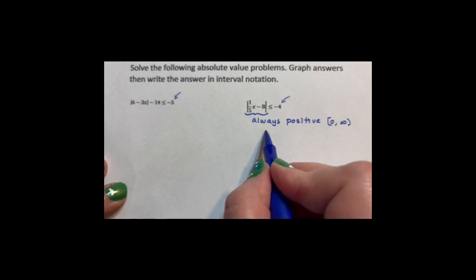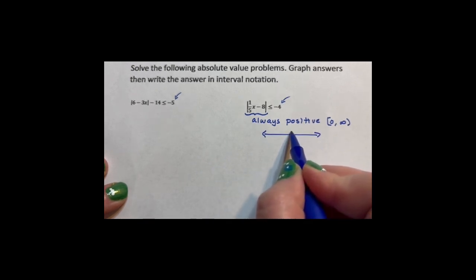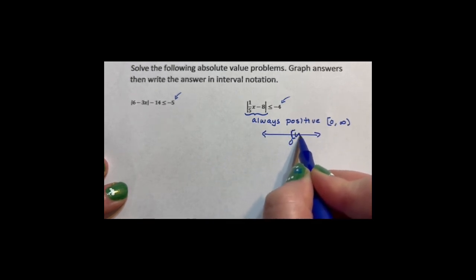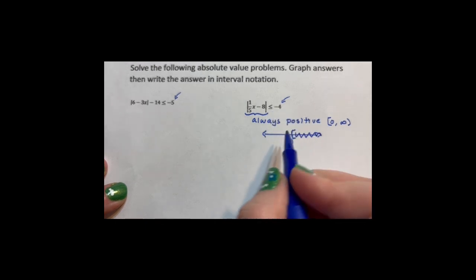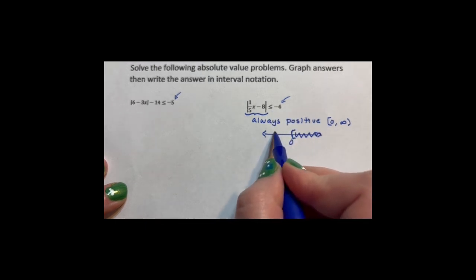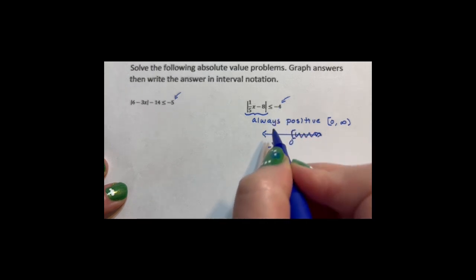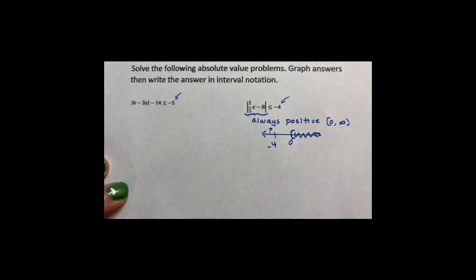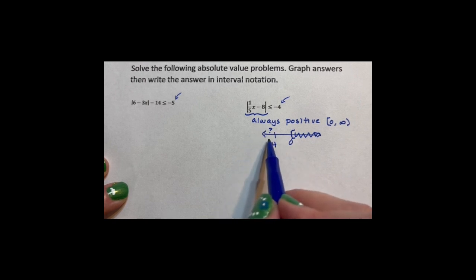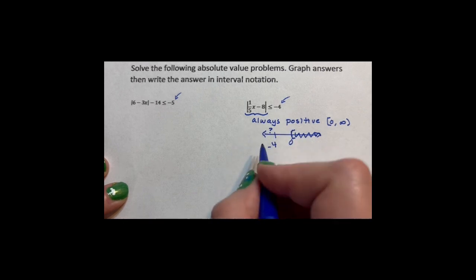So this is here, and I'm asking you the question, when is it here? And the answer is never. It is never over here because it's always positive. So this is no solution.